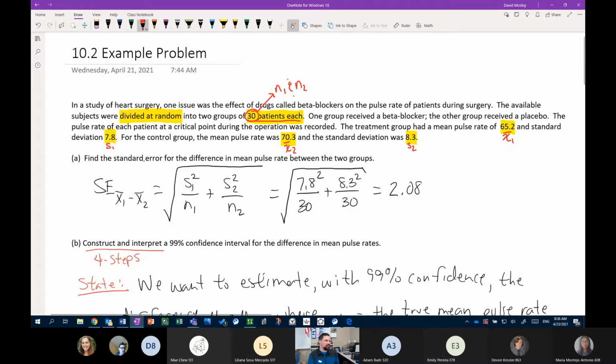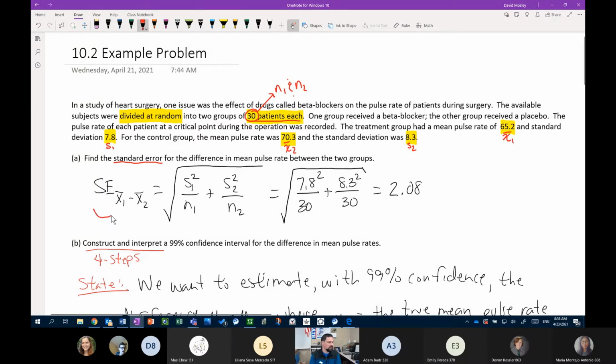Part A says find the standard error. The standard error is basically the adjusted standard deviation based on the fact that we're using a sample, and not the actual standard deviation. We're not doing the entire population calculation here. We're just using these sample statistics that we have. The standard error notation is this big chunk of stuff right here.